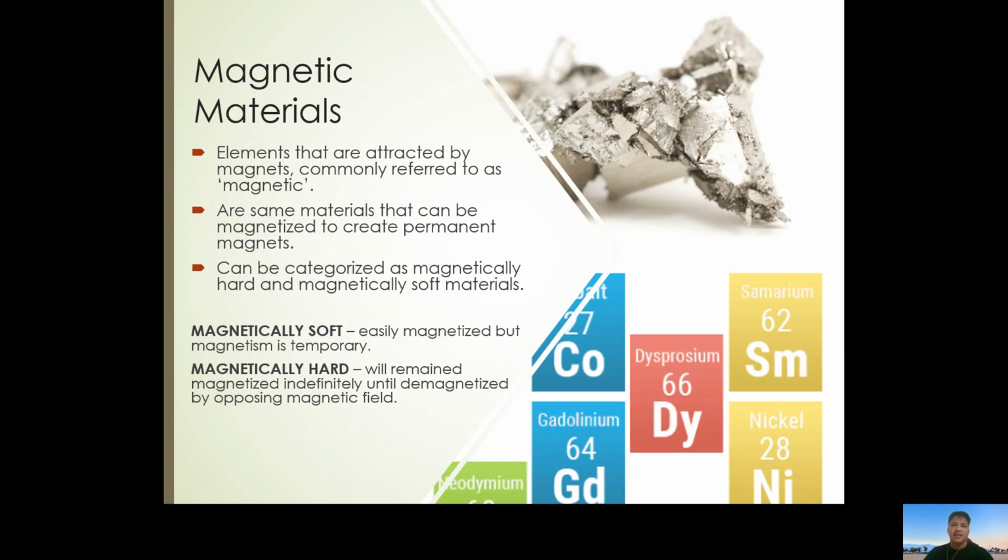What happens is, if you are magnetizing a magnetically hard material, you are controlling its magnetic field. In order to demagnetize that, you apply the opposite magnetic field. That is the reason why, even though they are already magnetized, they become demagnetized.